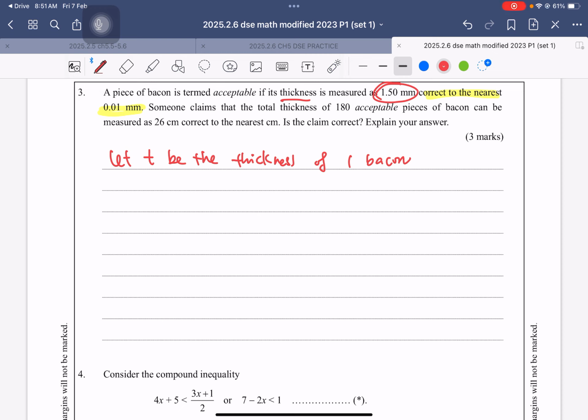No. Zhuangwu, I asked you to listen. Okay? This is the keyword. Corrected to the nearest 0.01 mm. The next step is going to be 0.01 mm divided by 2, giving you 0.005 mm.